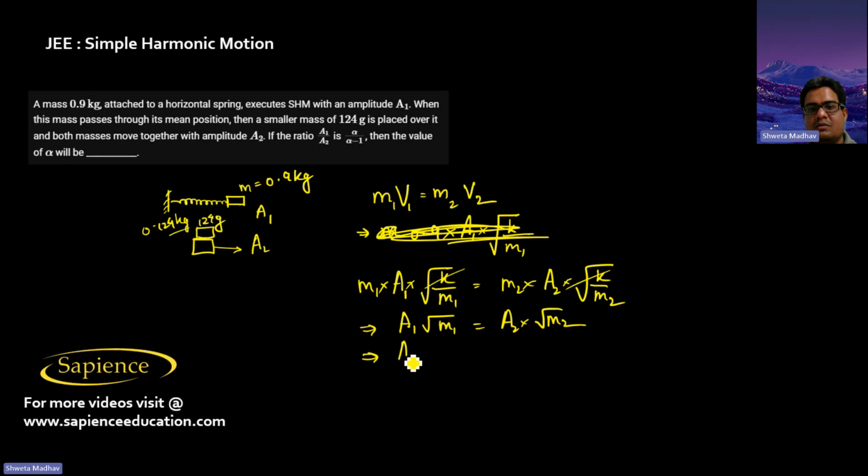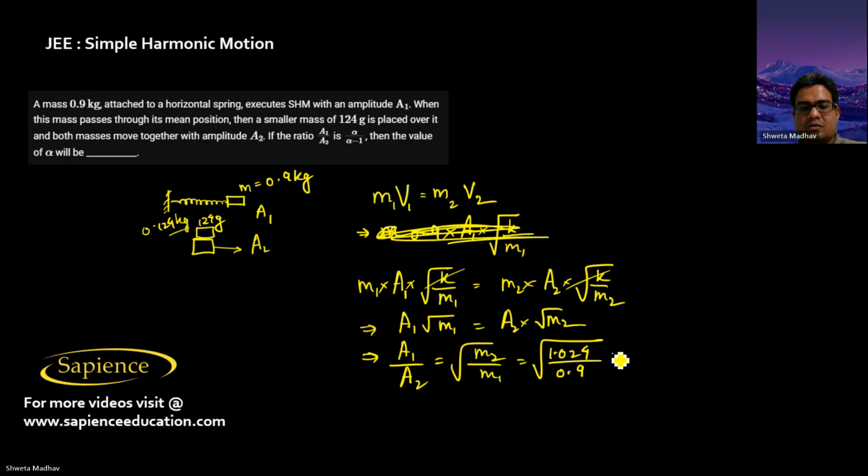So therefore a1 by a2 will be equal to root over m2 by m1. So root over m2 is equal to 1.024 divided by 0.9, which is 1024 divided by 900.